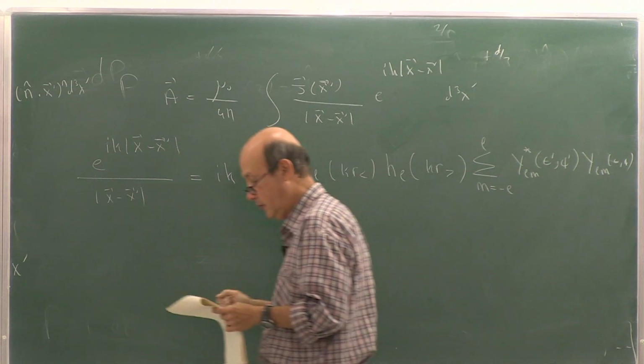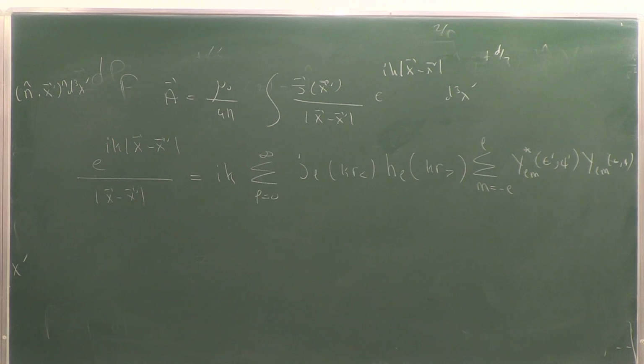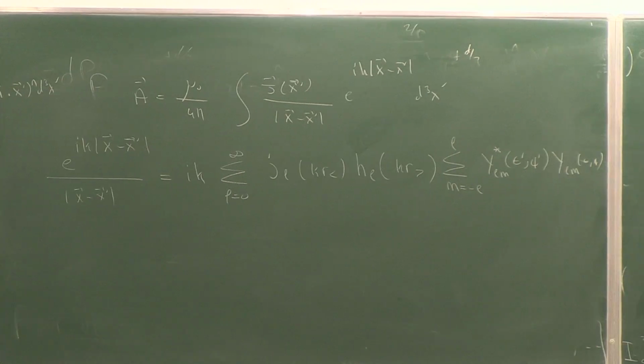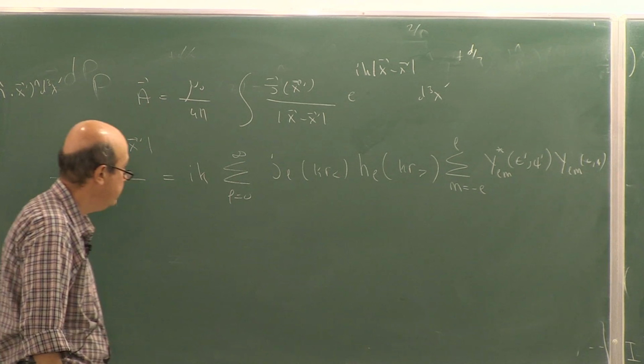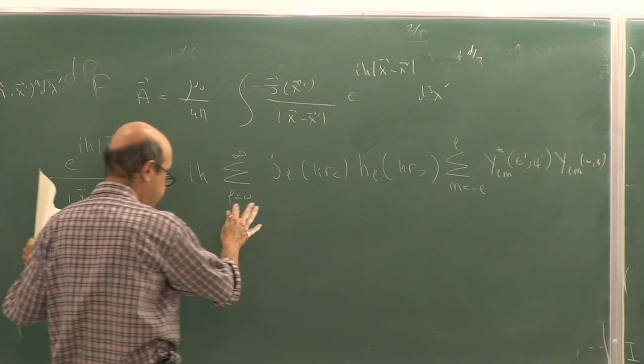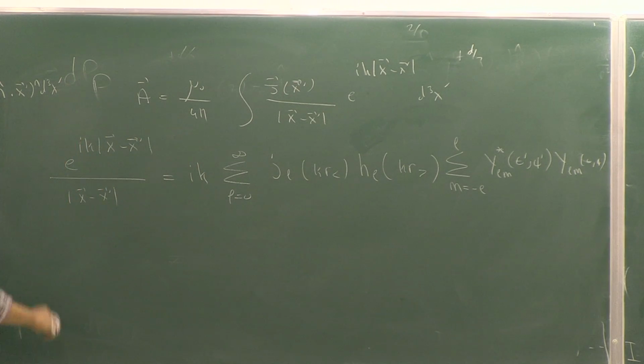I am not going to derive this, I will just use it. So you have spherical harmonics and Bessel functions. This is an exact expansion of this term, and it is a very useful tool.